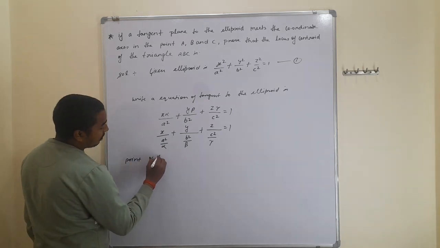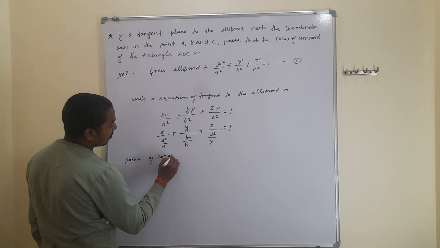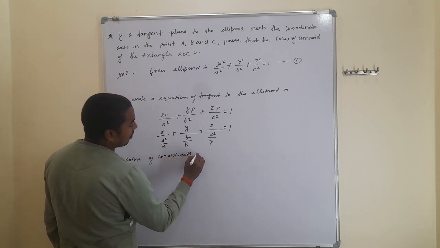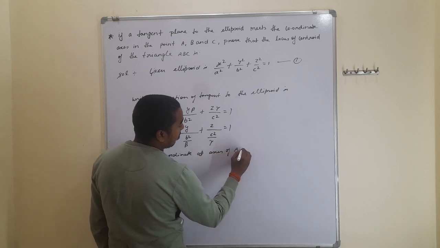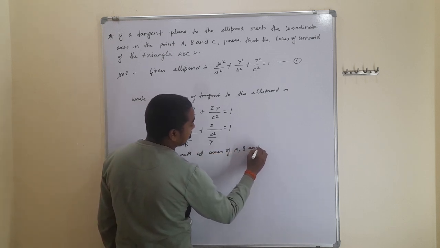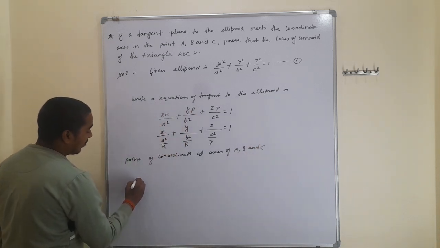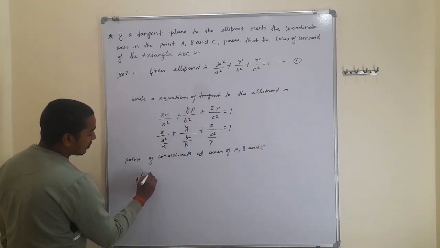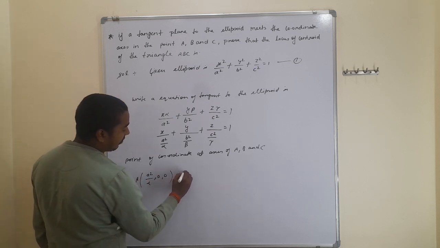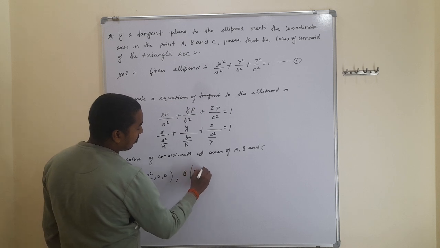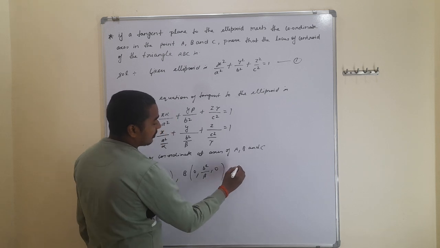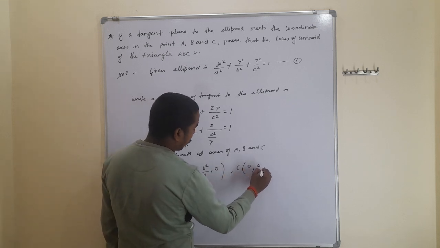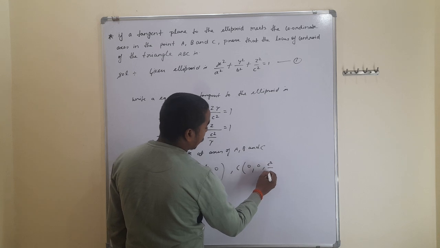the points where the plane meets the coordinate axes, A, B and C. For A, that is a square upon alpha, 0, 0, and for B, that is 0, b square upon beta, 0, and for C, that is 0, 0, c square upon gamma.